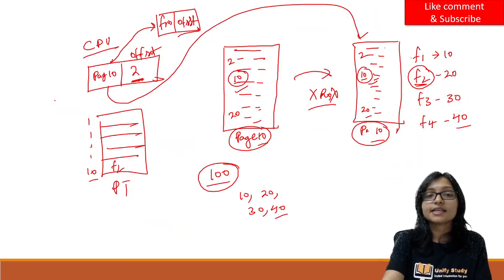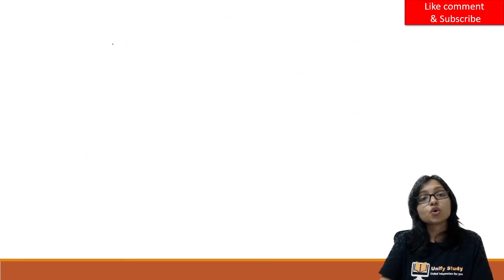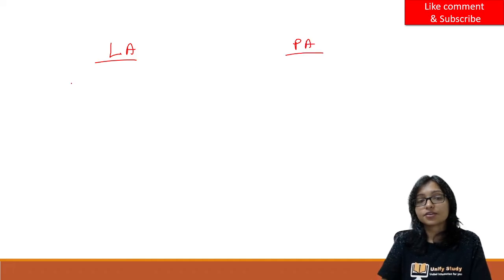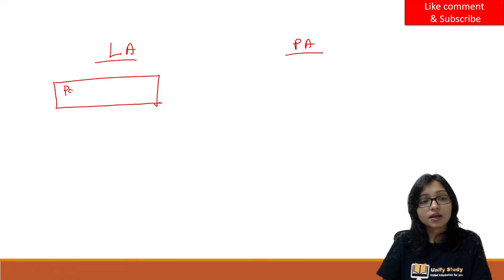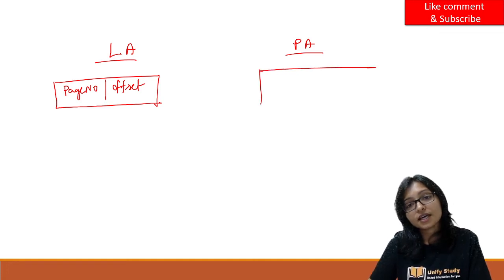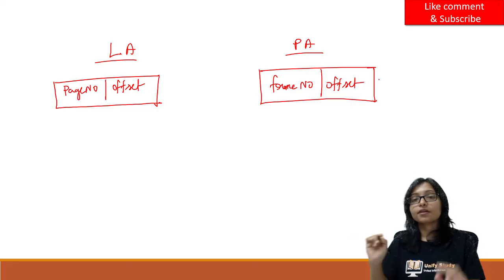We are changing the page number to the frame number. In the logical address there will be the page number and offset, and in the physical address there will be the frame number and offset, right?